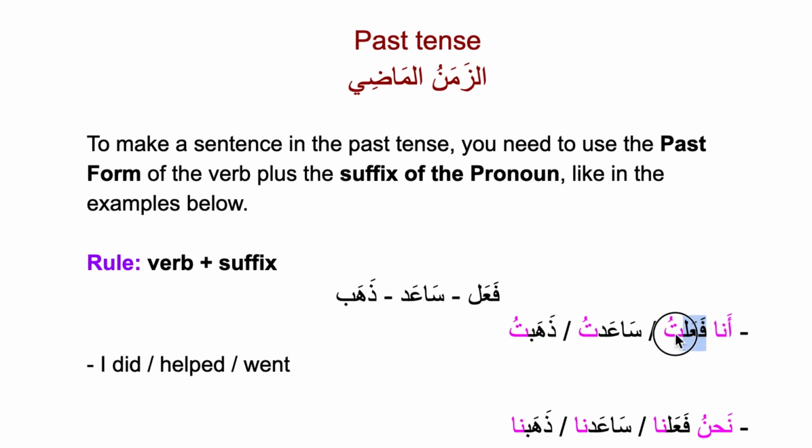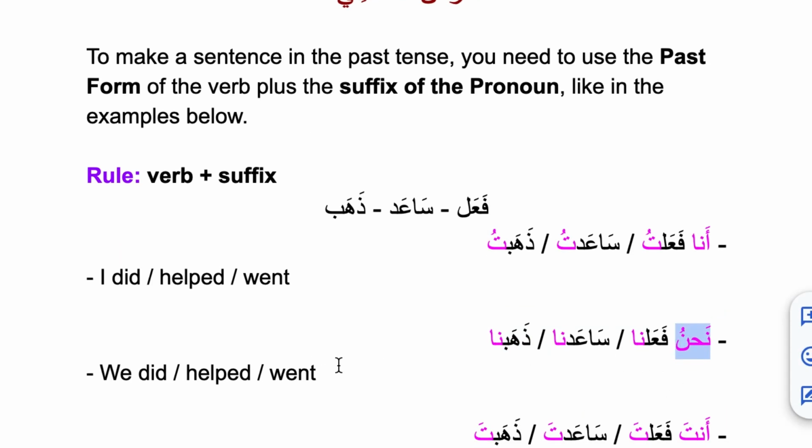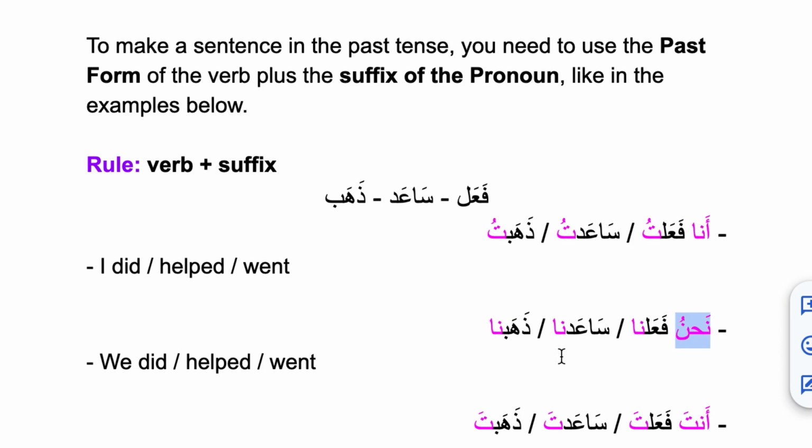You can just say فعلت, which means I did. And the same with other verbs. ساعدت means I helped. The same with the third example, ذهبت. Now the examples of we. The same rule: the verb in the past, for example, فعل, ساعد, ذهب, plus the suffix of the pronoun.